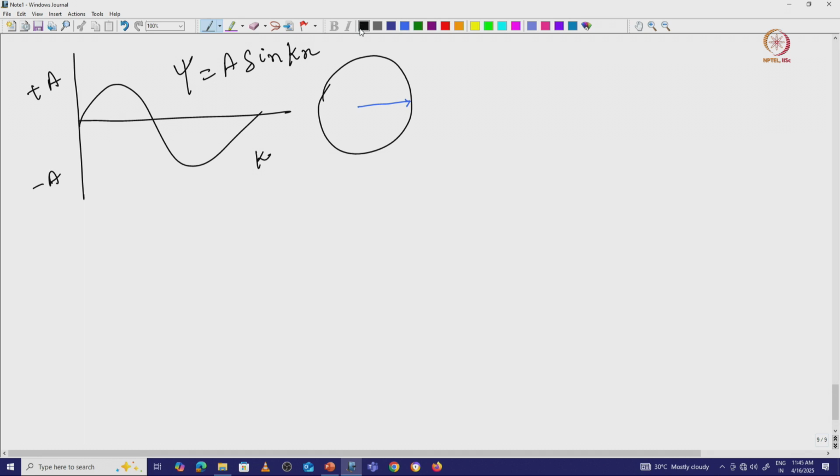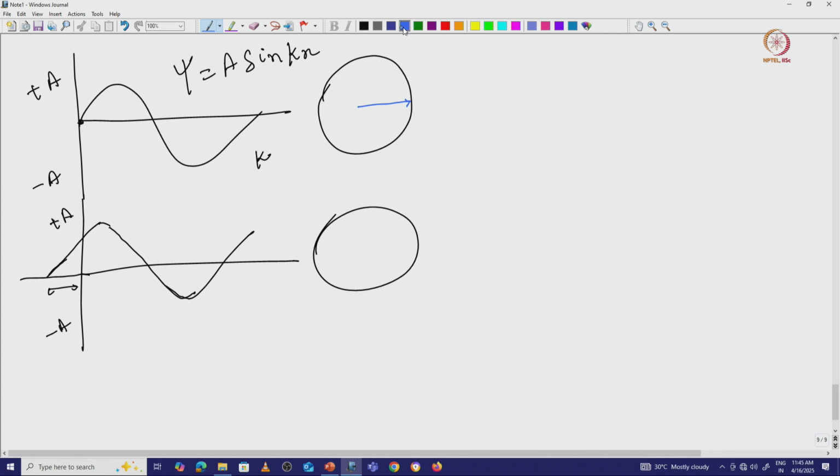Now, same way, there is a change in the phase. Okay, so now you can see the initial start point is this one, the wave propagates, and that is why there is a change in this direction, and again this will be plus A and minus A, and we want to represent this wave here.